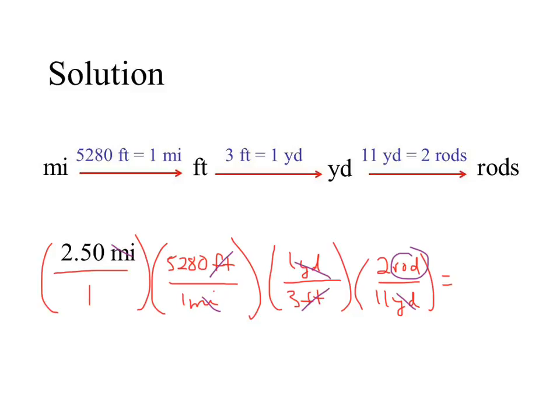So in our calculator, in the numerator, you're looking at 2.50 times 5,280 times 2, all divided by 3 times 11.